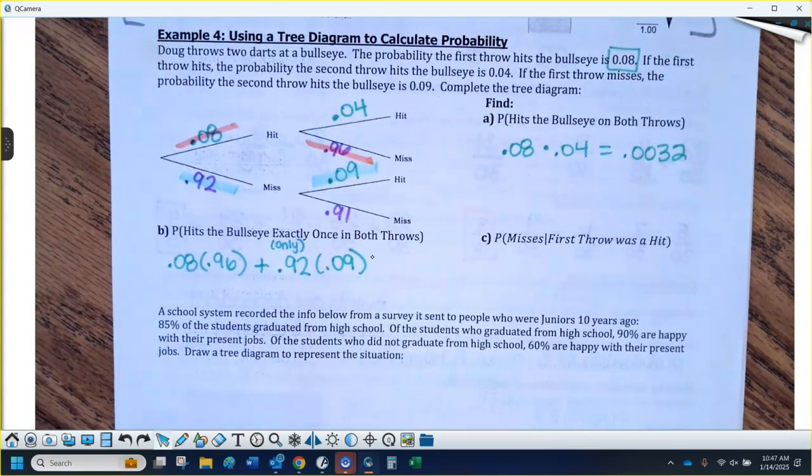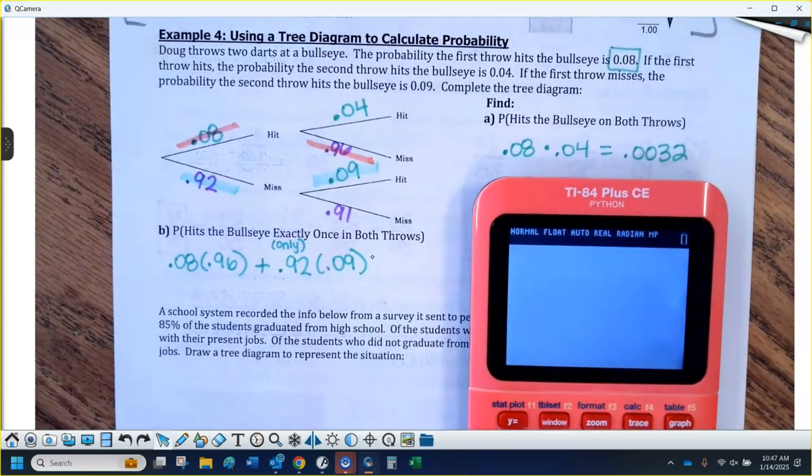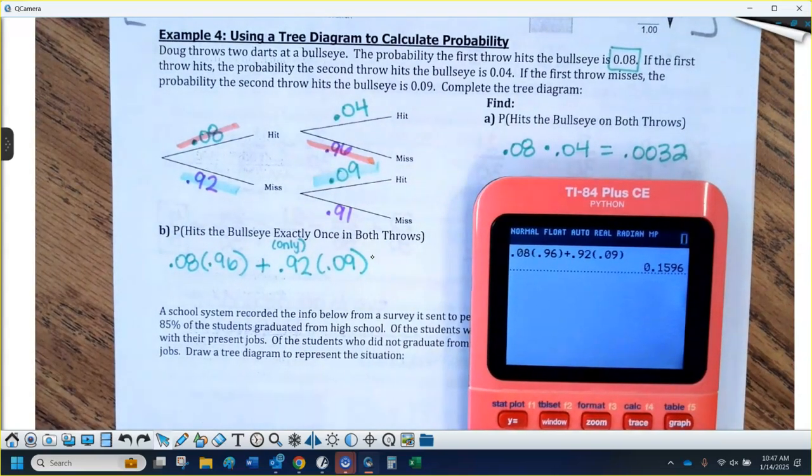We add these together, and that would give me the total probability that I would hit only once. So I'd do 0.08 times 0.96, and then add that to 0.92 times 0.09. You can do that separately in your calculator, or you could type it all at once. It's totally up to you.